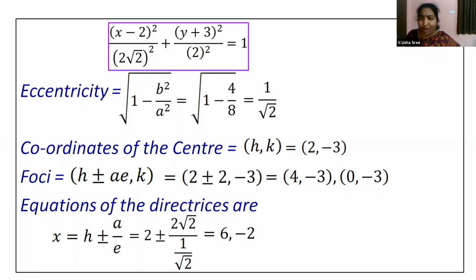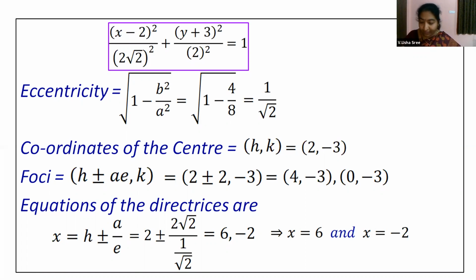Now that you know how to simplify, I don't think I have to explain how we got 6, minus 2. Isn't it, children? Remember, you cannot leave 6 and minus 2 like this. We need to write it in equation form. That is x is equal to 6 and x is equal to minus 2. Right? This covers all the terms we have discussed in the previous session.